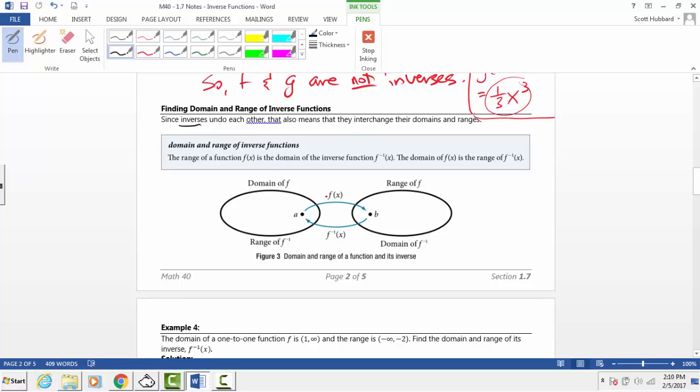So if I take a look at a graph of f and I look at the domain of f, that is exactly the same thing as the range of its inverse, and vice versa. The range of f becomes the domain of f inverse. So inverses swap domains and ranges.